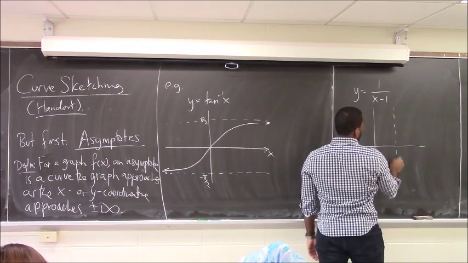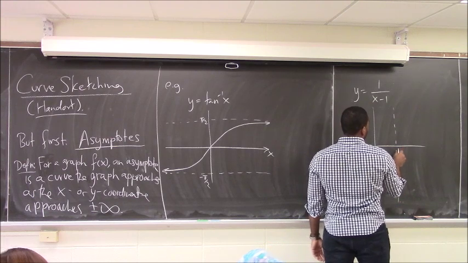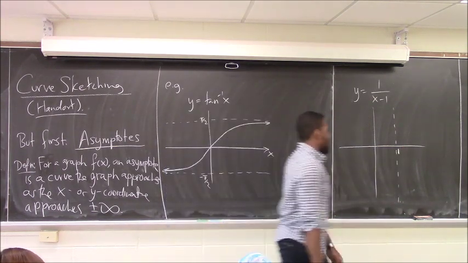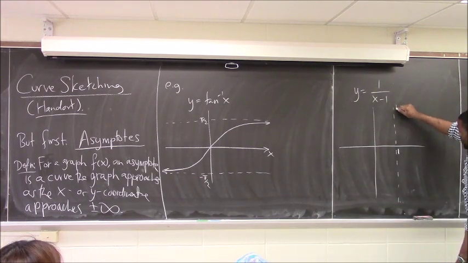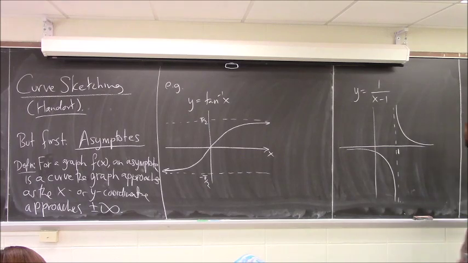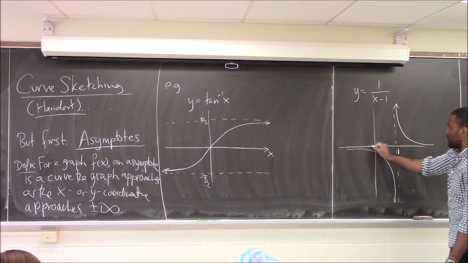Notice at 1, we have division by 0, so we can't actually be there. So the graph is just a shifted 1 over x graph. Now this graph will also have asymptotes. There are two kinds. There's a horizontal one.